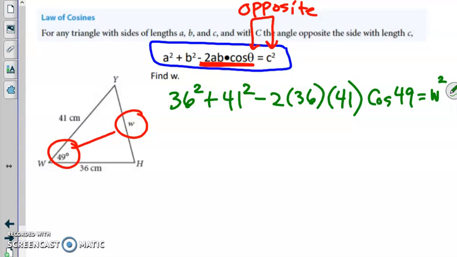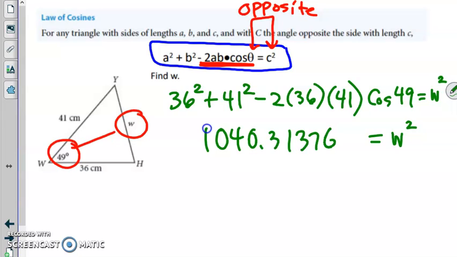This becomes really a calculation problem. So we're going to put all the information in the calculator to figure out what w squared is. So if you go ahead and do that. The answer comes out to be approximately 1,040.313746. I'd recommend using the entire answer in your calculator. So to be able to find the length of w, what do we need to do to our answer?